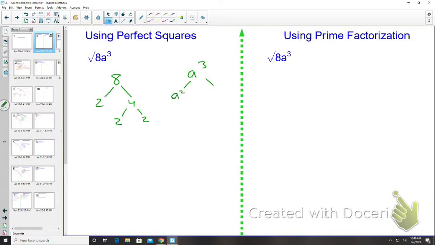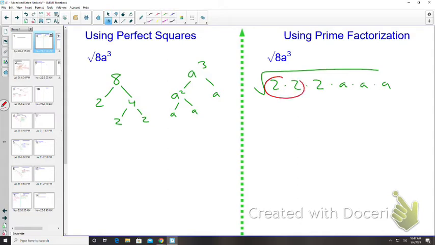Or a squared and a, multiply, right? And then how do we get to a squared? Just a times a, right? Yeah. So we have 3 a's and 3 2's. So 2, 2, 2, a, a, a. Our index is 2, so we're going to take 2 of these things out.